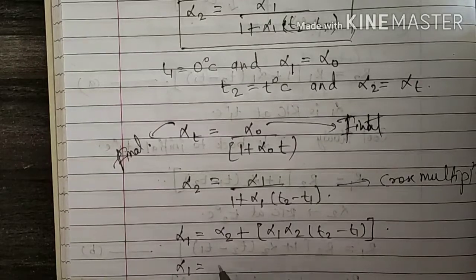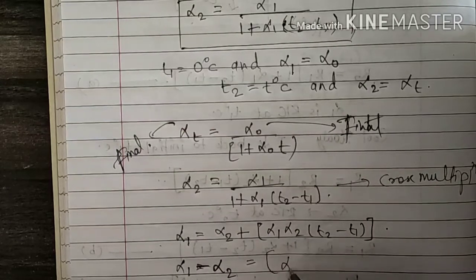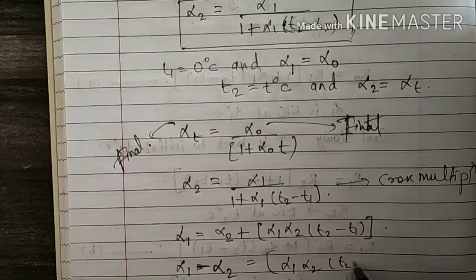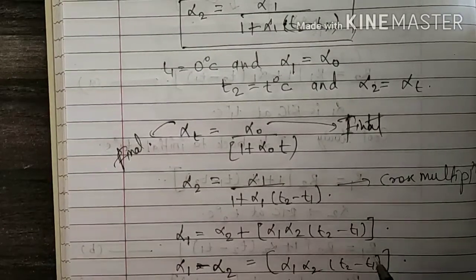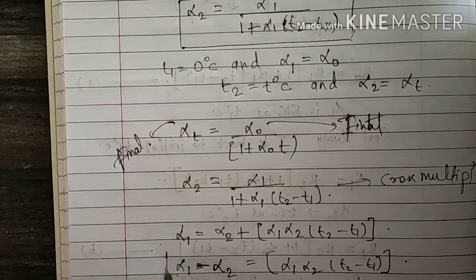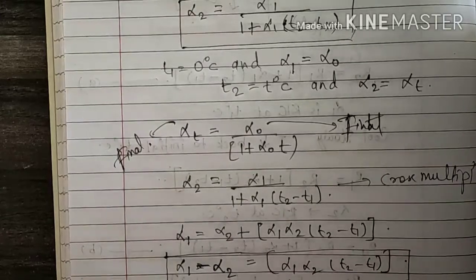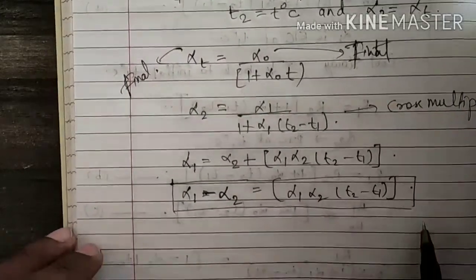Similarly, I'll bring back alpha 1 here, and alpha 1 minus alpha 2 is equal to alpha 1 alpha 2 (T2 minus T1). Okay, similarly for alpha 1, so this is the expression.